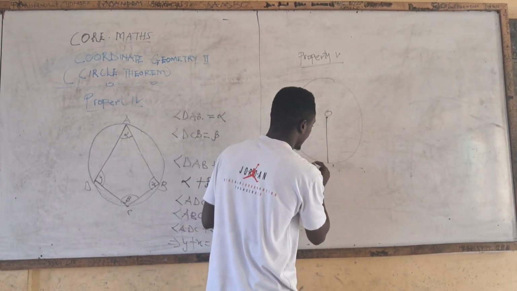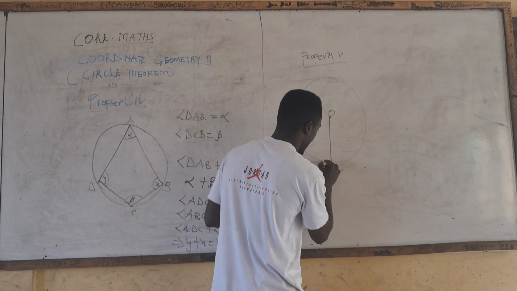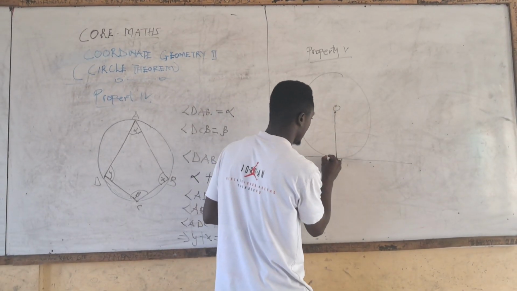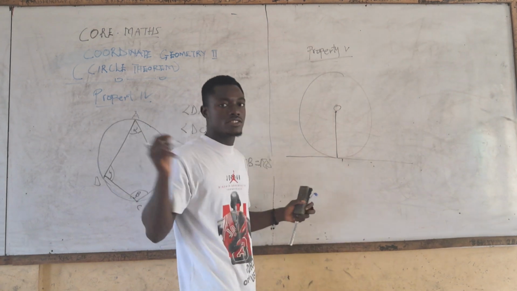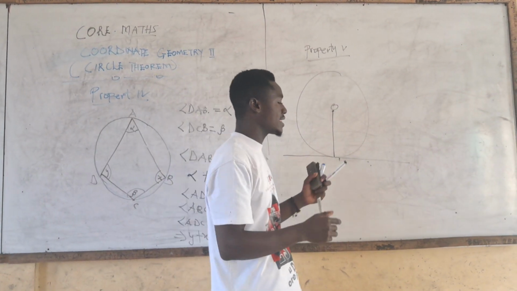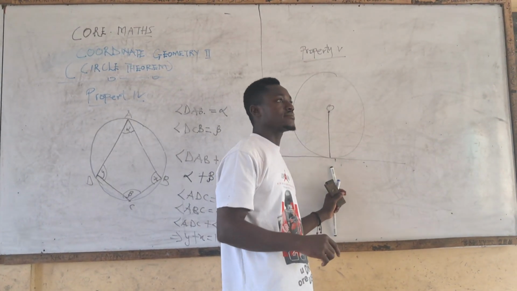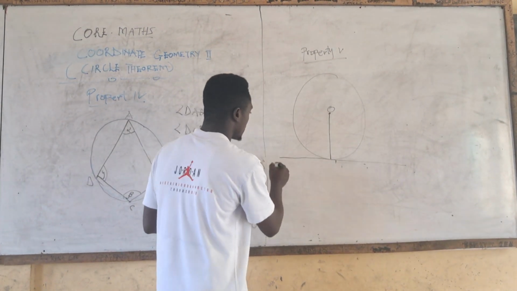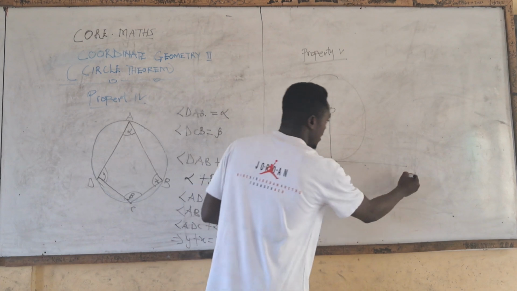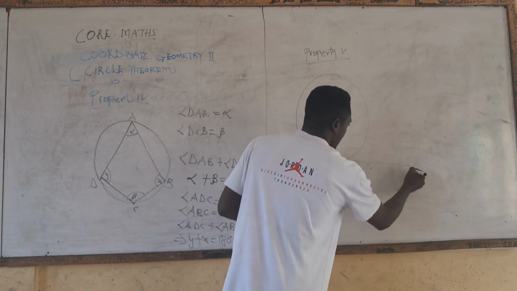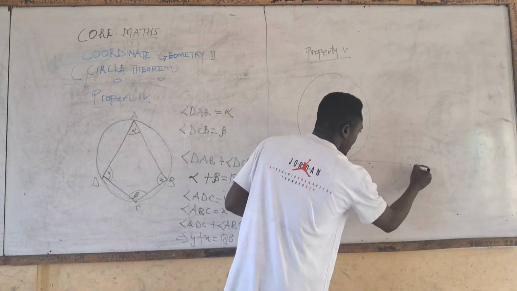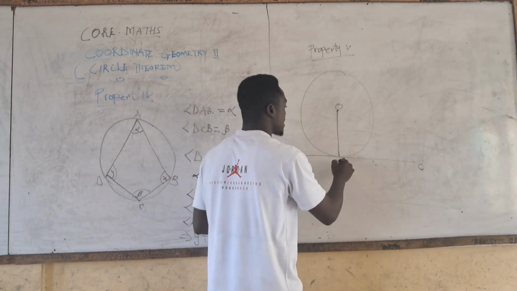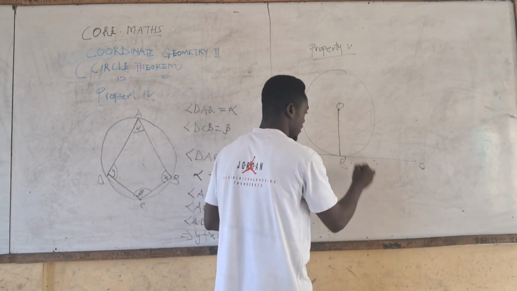And we also have a tangent line. If you don't know a tangent line, visit our previous video on circle theory. A tangent line is simply a line that touches the circle. Let's assume we have the tangent line labeled A, C, meeting the radius at the point B.